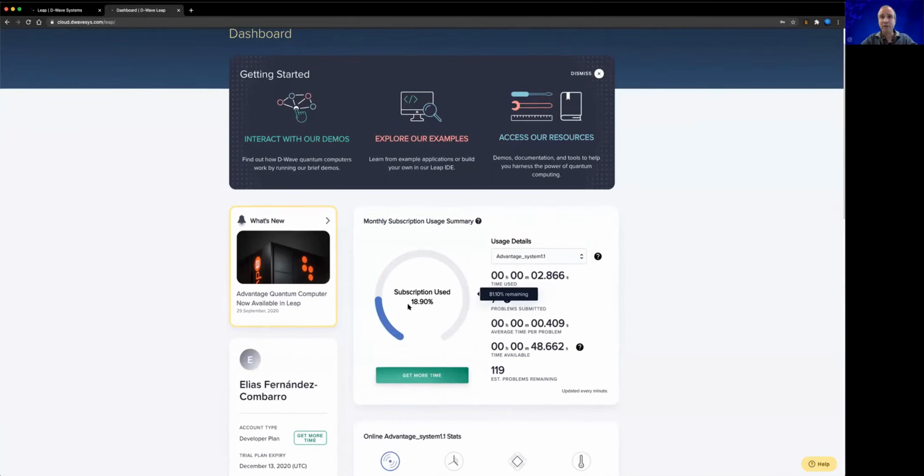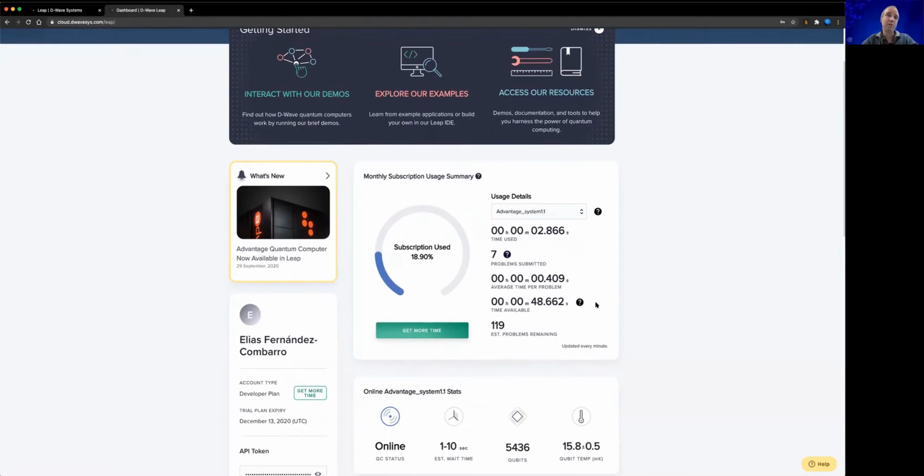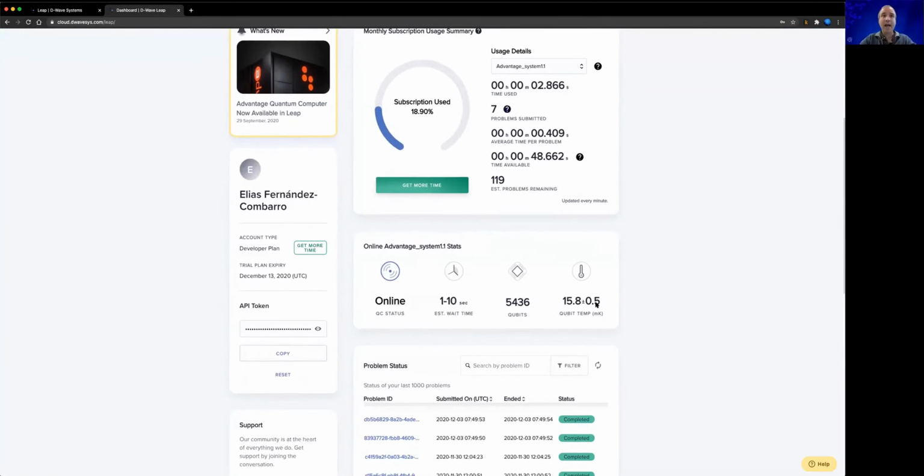Okay, so here you also see the percentage of the subscription that you have used so far. In your case, it will be 0. Okay, and here you have information which is similar to the one on the IBM Quantum Experience. You have this token that you can use to install locally the development tools that allow you to use these systems remotely with a Jupyter notebook or with a Python script.